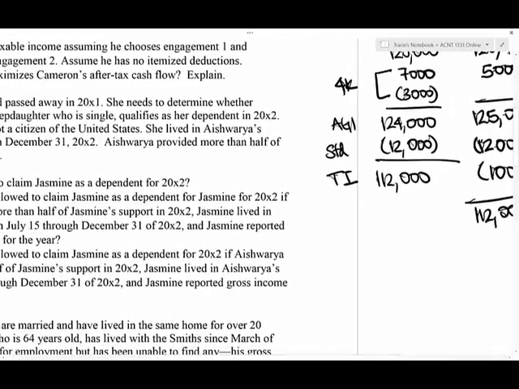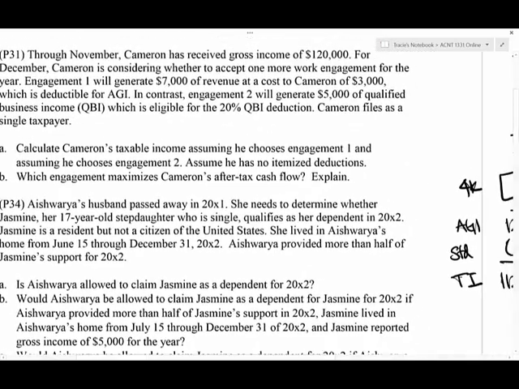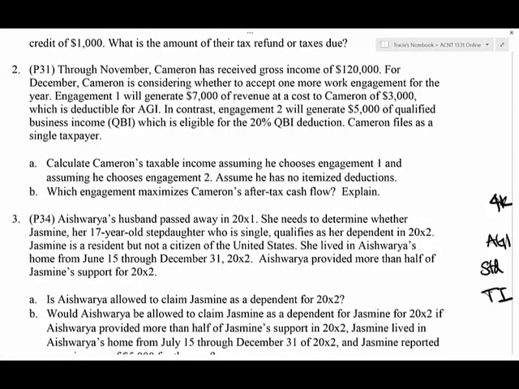So that will help us answer question number 2, which asks which engagement maximizes Cameron's after-tax cash flow. Both engagements generate the same taxable income, the $112,000. However, engagement number 2 produces more net cash flow.